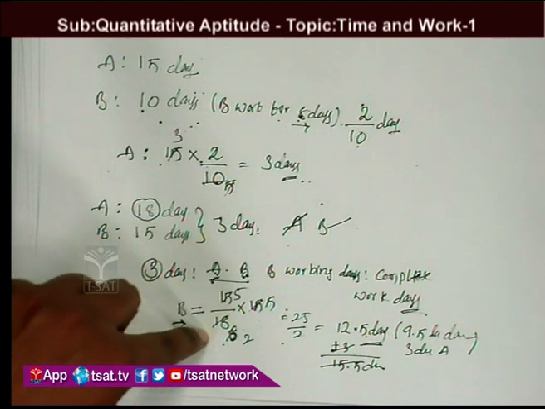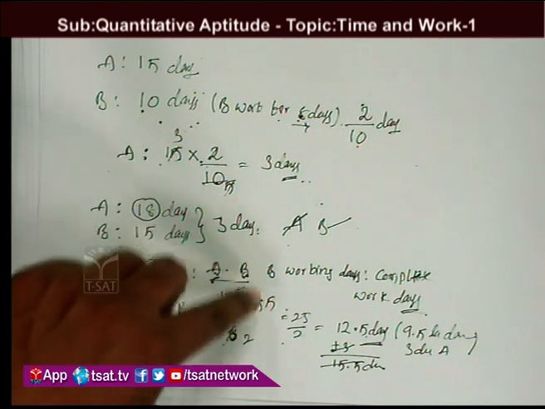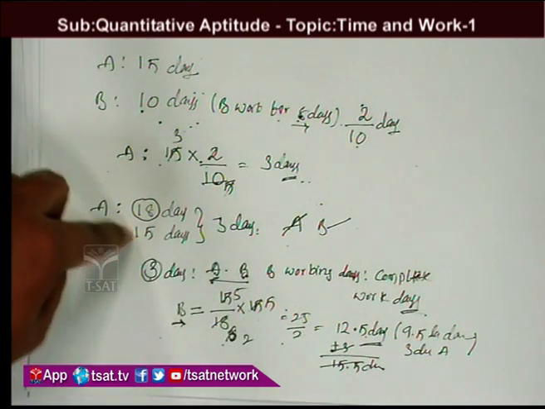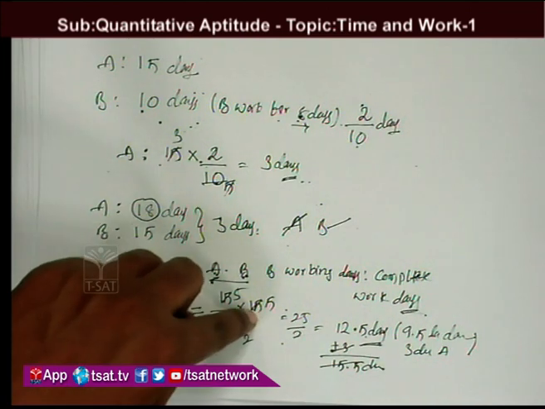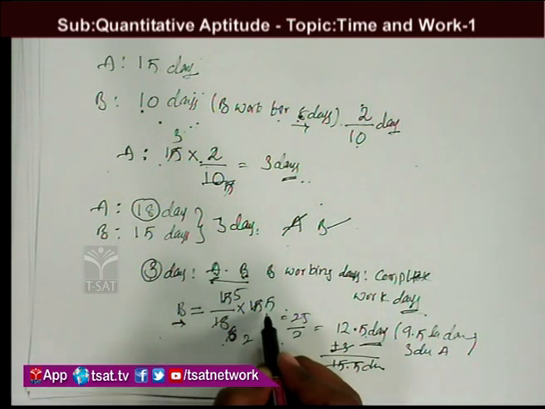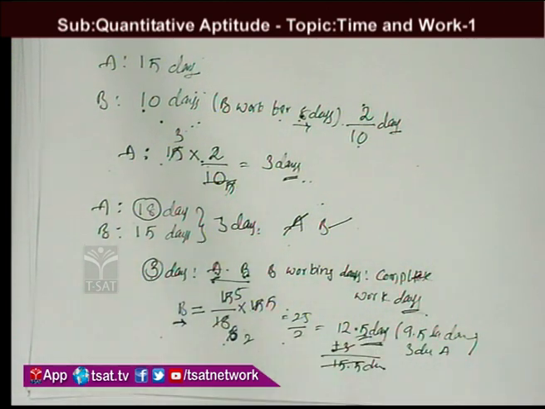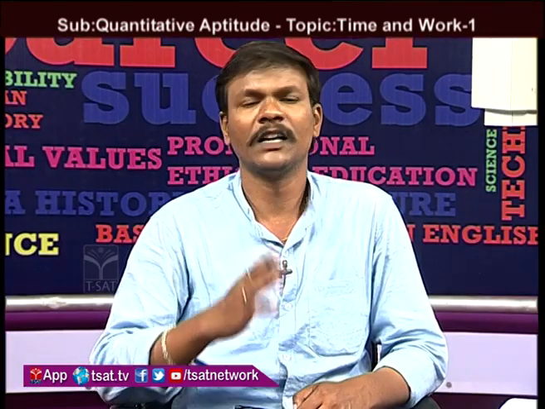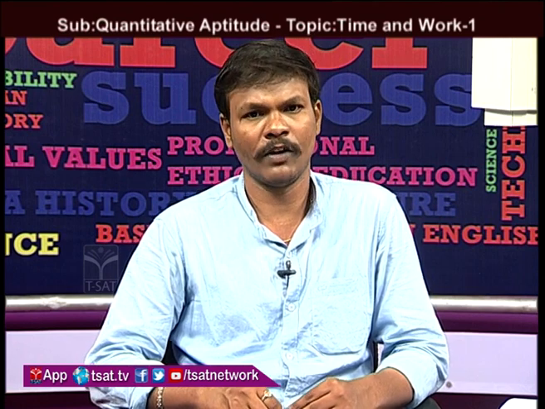So, this 15 by 18 of work is completed by B with his 15 days. That is 15 by 18 into 15, and the answer is 12.5 days. So, the work will be completed in 12.5 days.